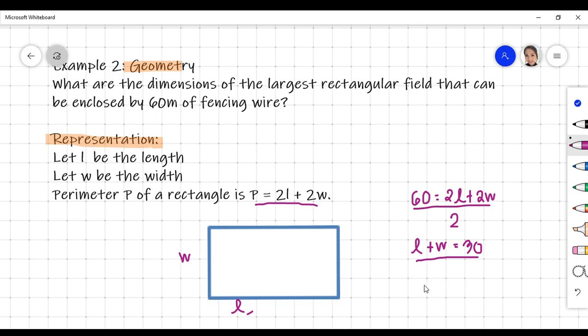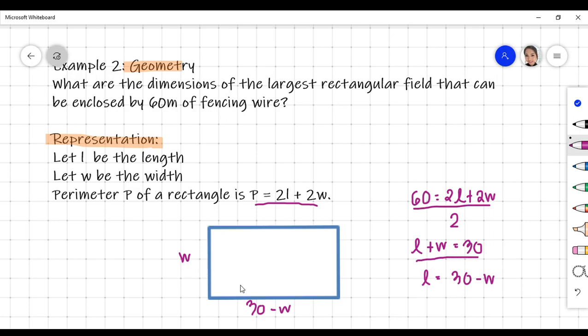So L is equal to 30 minus W. So we expressed it in such a way that we are solving for W. Our variable here is W. So instead of L, I will replace the L with its equivalent expression, which is 30 minus W, since it is equal to L.